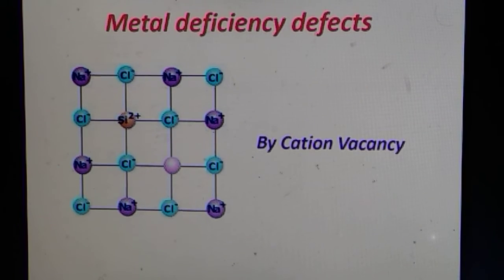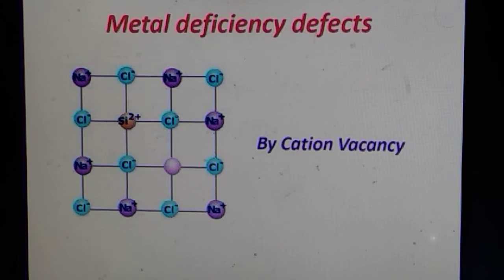Now students, I am going to metal deficiency defect. What is metal deficiency defect? This defect occurs when the metal shows variable valencies. The first criterion: which type of solids will show the metal deficiency defect? Those where the metal shows variable valencies.